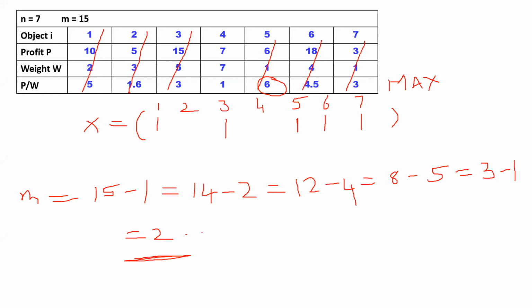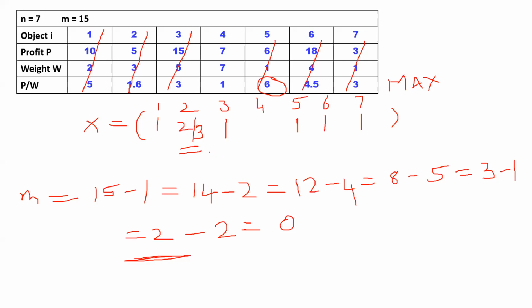Then what will I have to do? I'll fill up only 2 kilos of object 2. That means object 2, I'm not completely filling, but partially filling. Weight available is 3, but I'm using only 2 kilos in the bag. So you have to write here 2 by 3, which is 0.66.